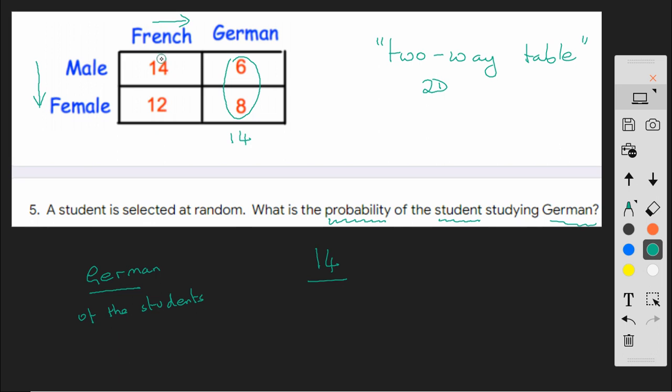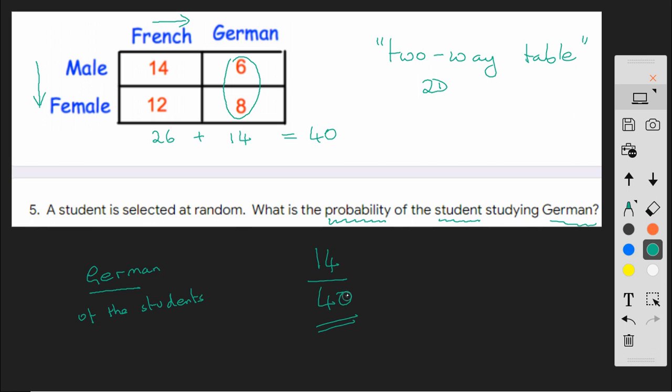As well as these 14, we've got this group here. So these add up to 26. So in total, 26 and 14, we have 40. So this is 14 out of 40. That is our probability.